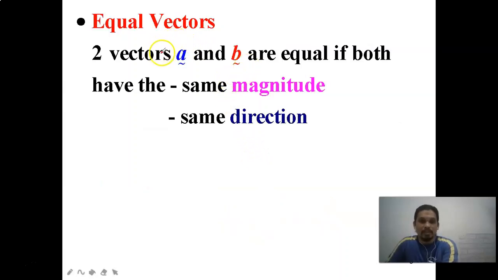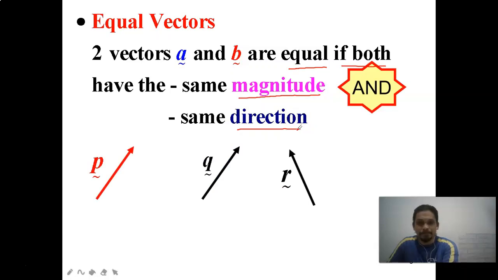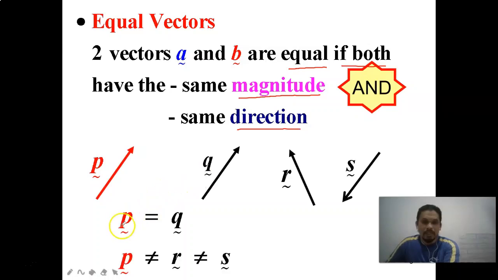Okay, equal vectors. Look at this one here. Two vectors A and B are equal if both have the same magnitude and the same direction. So we need to consider two things here: first, the magnitude, and second, the direction. P and Q, look at that, from one point to another, have the same magnitude, and the directions are also equal.